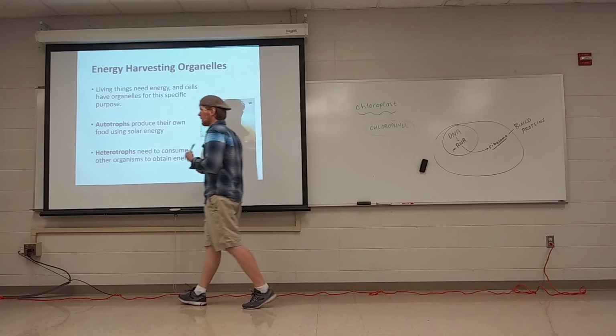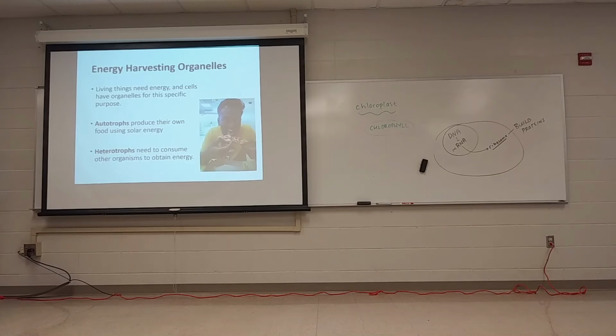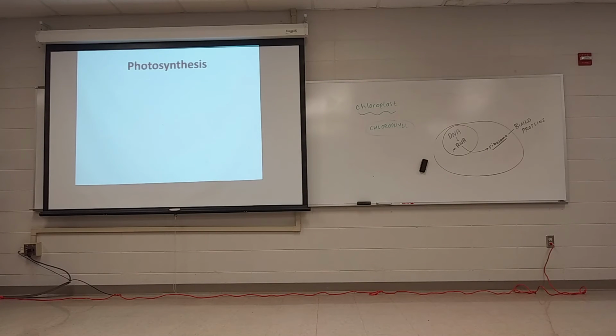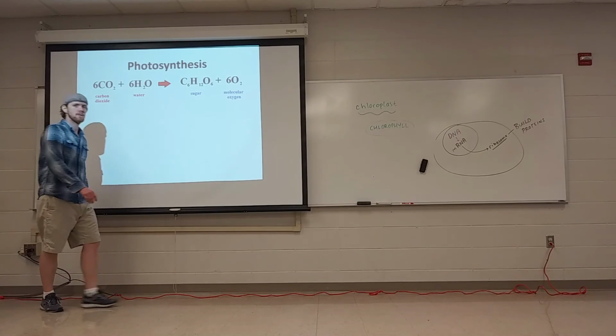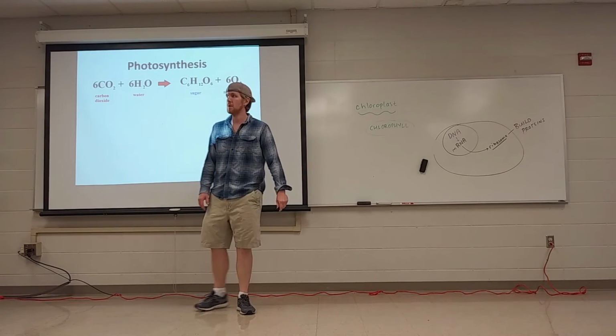That's why if you see a part of a plant that is green, that section of the plant is capable of conducting photosynthesis. If it's not green, it can't do it, because without the green pigment, you can't harness sunlight. Chloroplasts help to conduct photosynthesis, which is the building up of sugar from CO2.